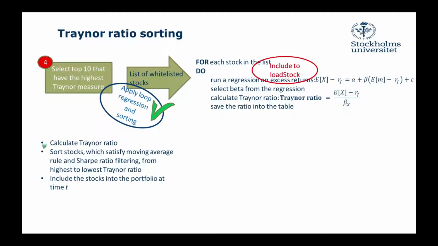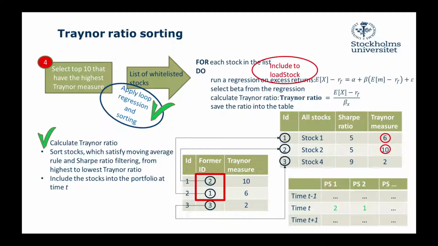Okay, so we calculated the Treynor ratio. We want to sort the stocks. This is what we have from another slide we had in our basics course. So what we would like to do, now we have this table with Treynor measures. We would like to identify the ones which satisfy all the Sharpe ratio filtering and moving average filtering, then sort them and identify the highest Treynor measures.